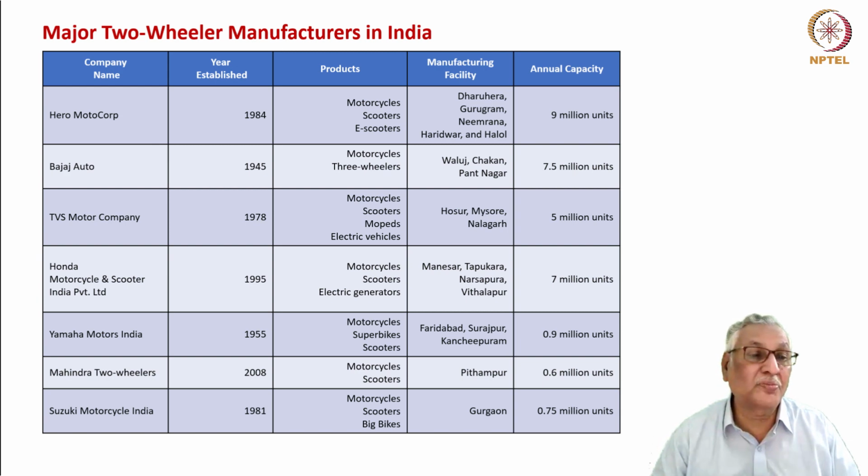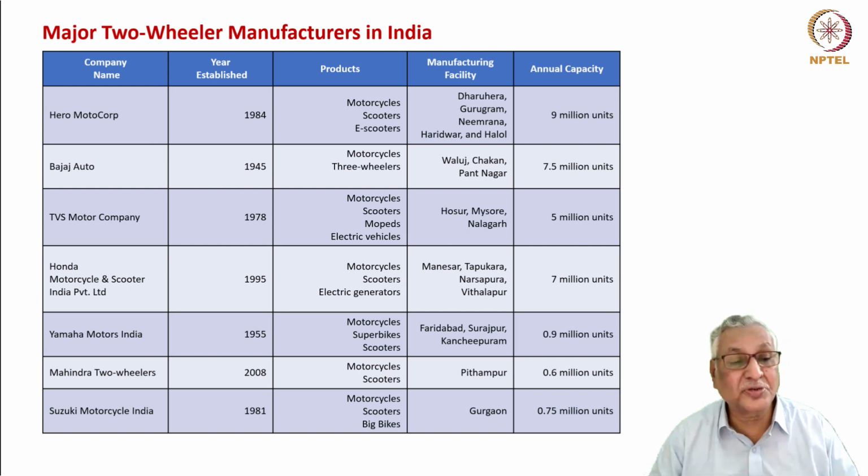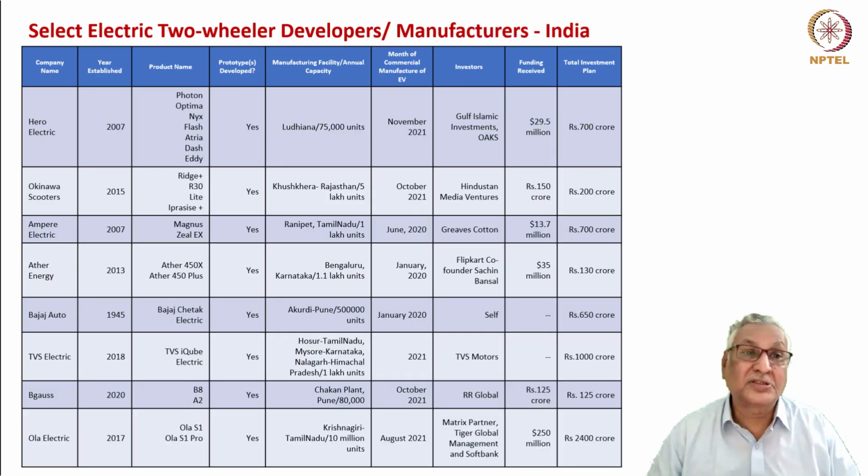We have Hero Motor Corp, Bajaj Auto, TVS Motor Company, Honda Motorcycle and Scooter India Private Limited, Yamaha Motors, Mahindra Two Wheelers and Suzuki Motorcycle India. They have annual capacities ranging from a humble 0.6 million units to a strong 9 million unit capacity. And there are also several electric two-wheeler developers and manufacturers which have established their bases in India.